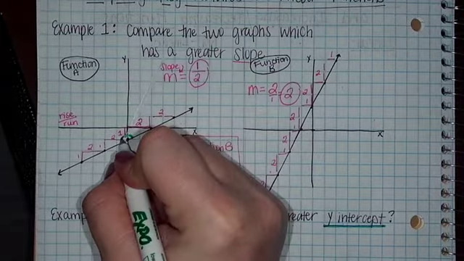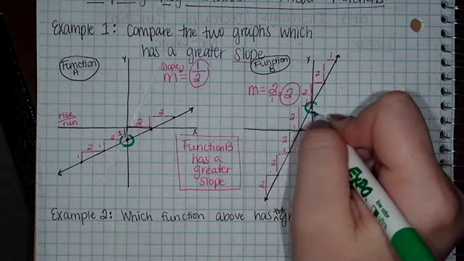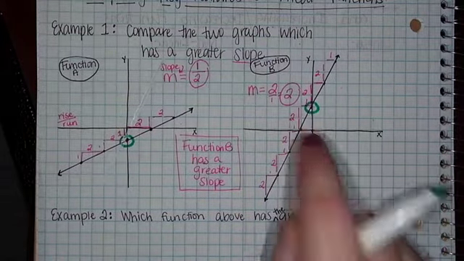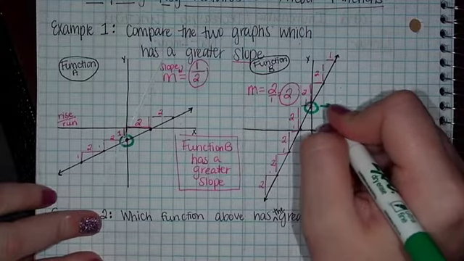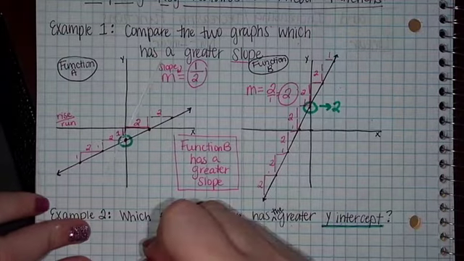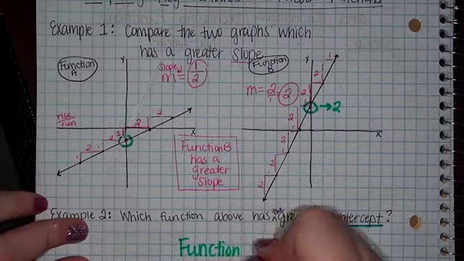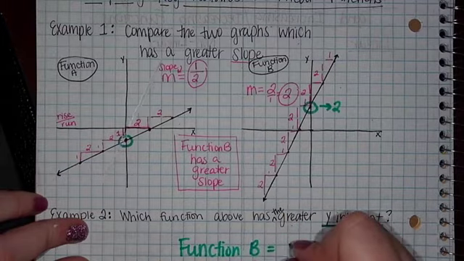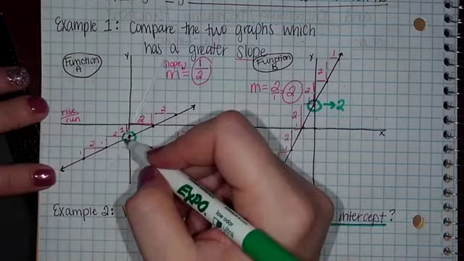So we have that, and we have that. Don't let that little 1 there confuse you. So this one actually has 2. So for function B, the y-intercept is 2.